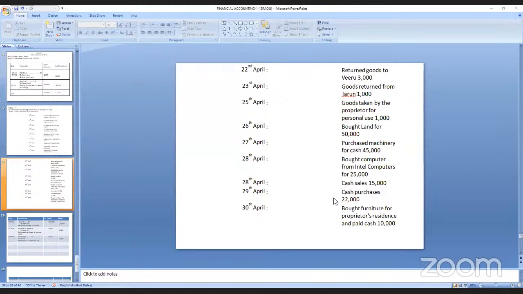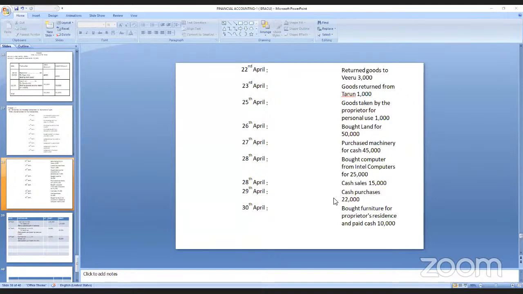In the bracket, you write land. And 28th one, bought computers. Purchases account debit to Intel computers, because you are not mentioning the cash, the computers are being purchased on credit.